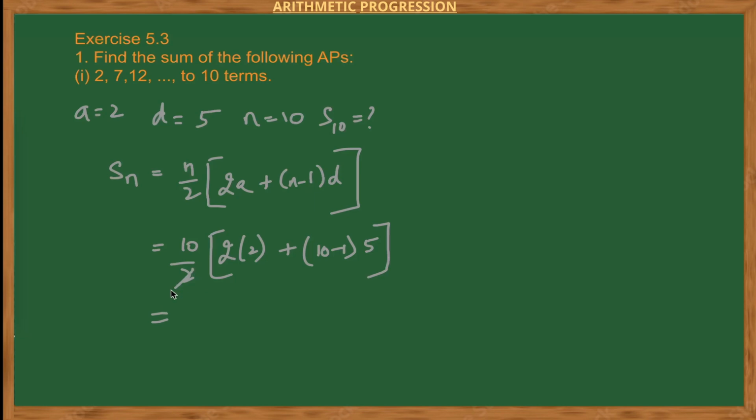So 2 ones are 2, 2 twos are 4, plus 10 minus 1 is 9, 9 into 5 is 45.